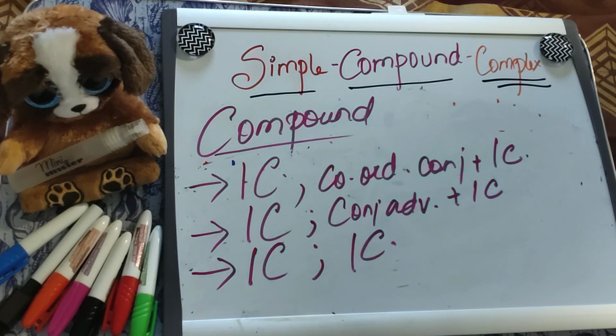For simple sentences, we saw there are five types that you can show during the examination. For compound, although the punctuation rules are three, there are plenty and plenty of structures that you can show with fanboys and with your conjunctive adverb, and of course, with the semicolon, you can show one.